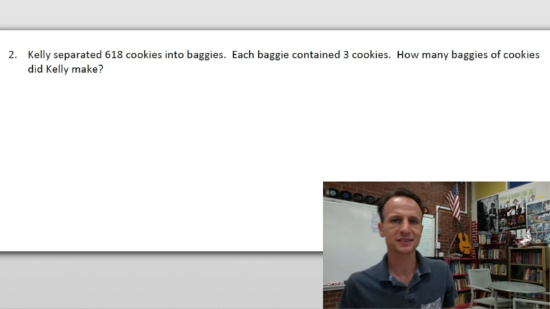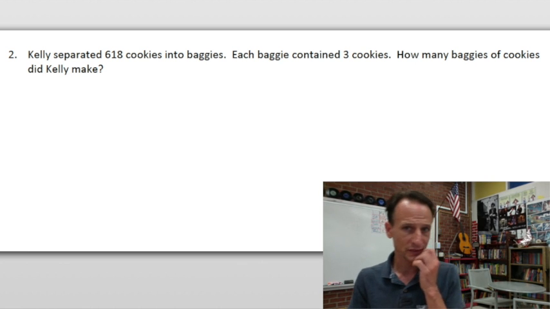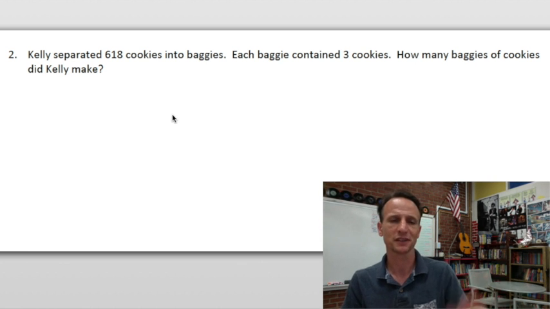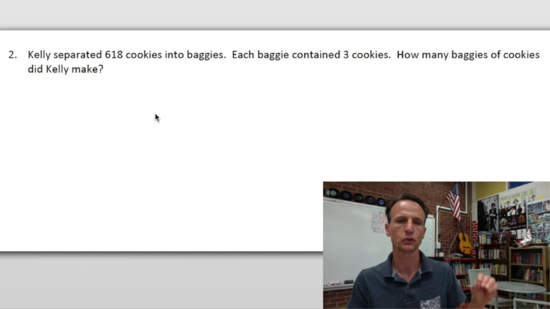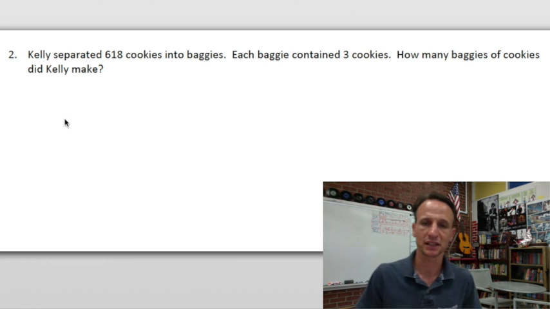Well, it must have been snack time in Eureka Math Land when they were writing these questions. This is another one you might run into as your camp counselor future career in your high school summers. Kelly separated 618 cookies into baggies. Each baggie contained 3 cookies. How many baggies of cookies did Kelly make? I mean, you might actually do this.